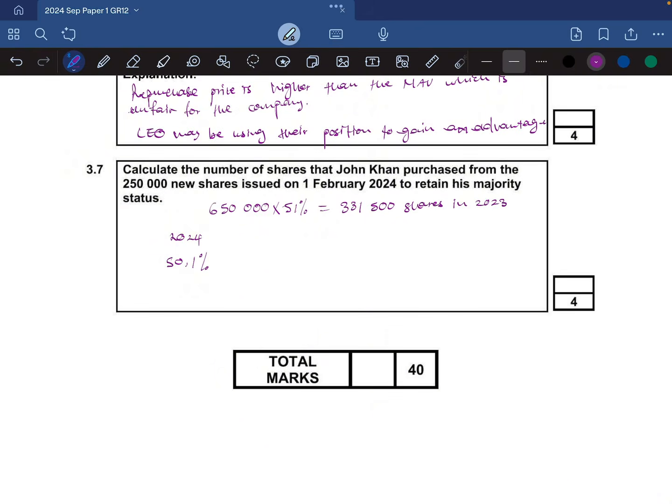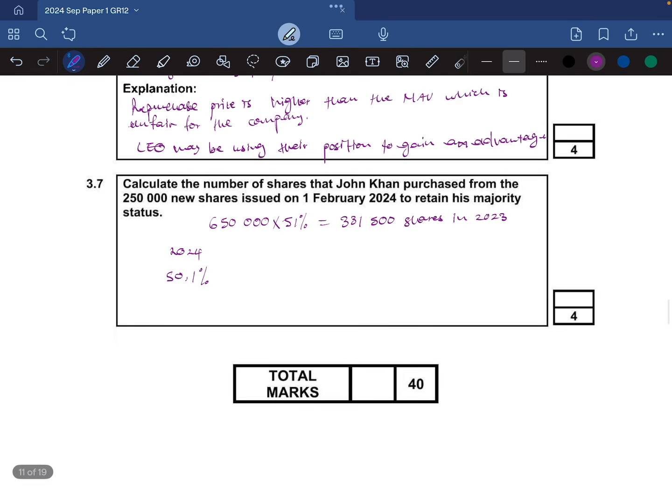And we know that there were 650,000 shares plus the 250,000 shares that were issued. That gives us 650 plus 250, which is 900,000 shares.